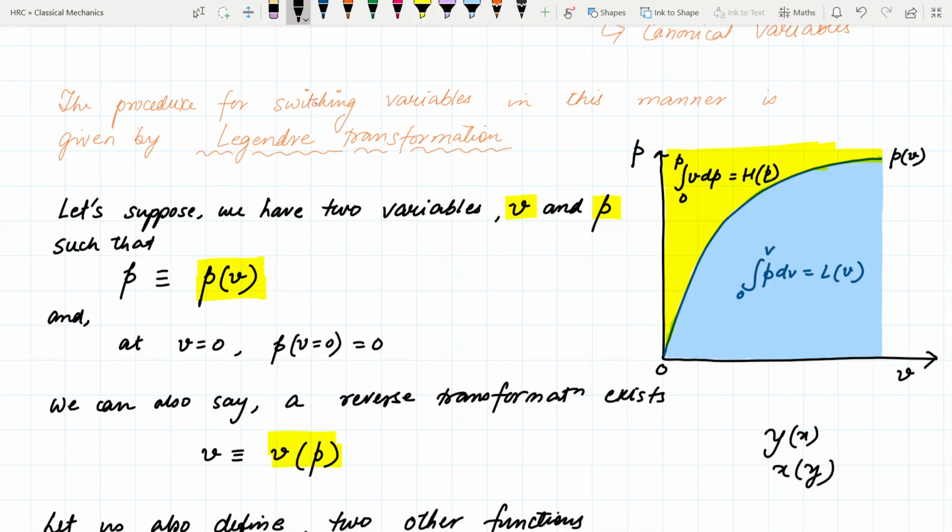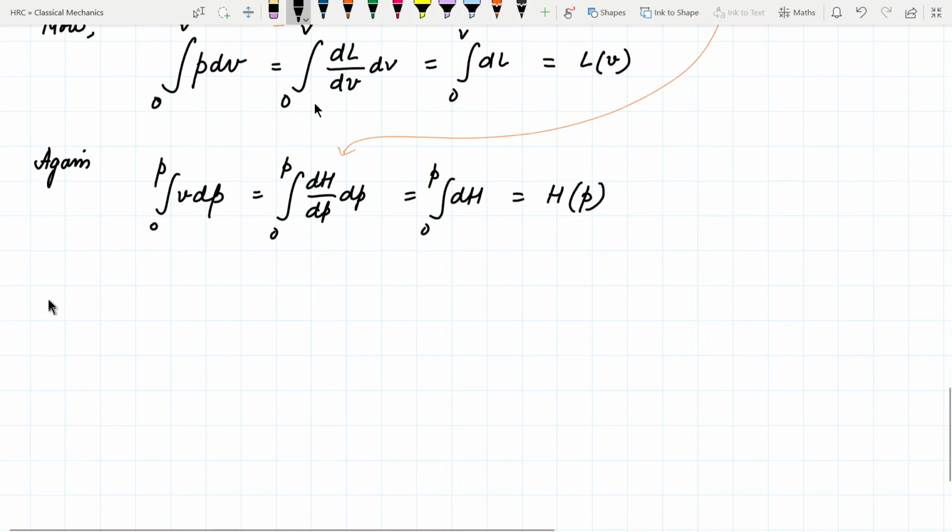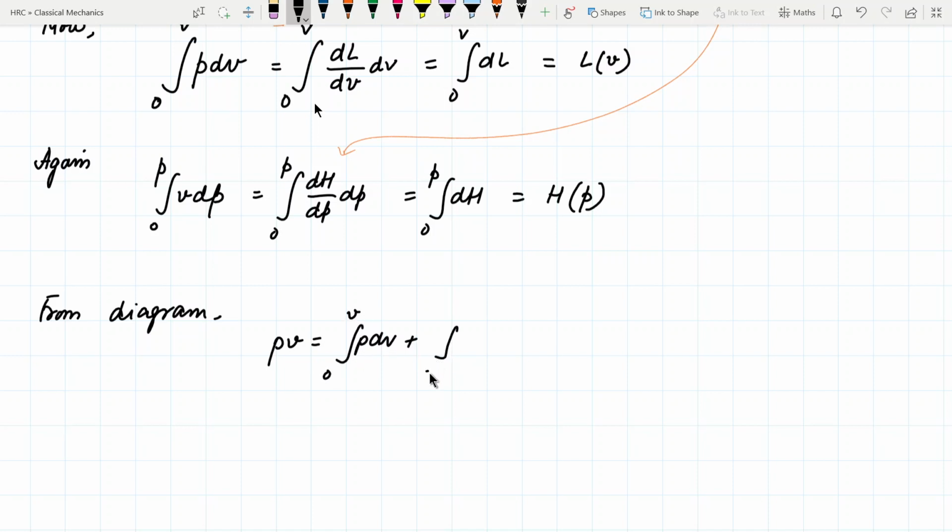Now from the diagram I can say that the sum of the areas, this from 0 to v and this from 0 to p, is a rectangle. From the diagram I can say that p into v is equal to the integral from 0 to v of p dv plus the integral from 0 to p of v dp.